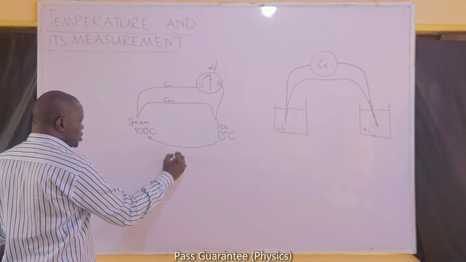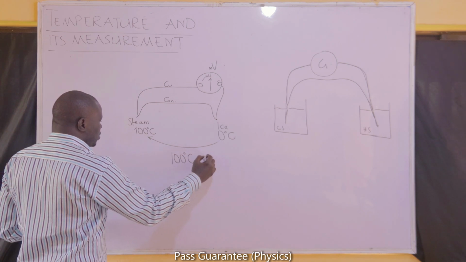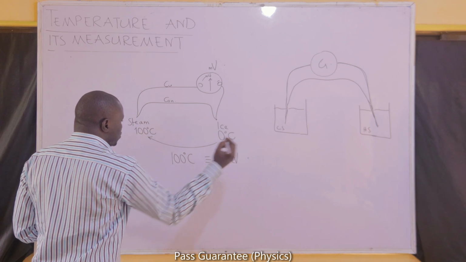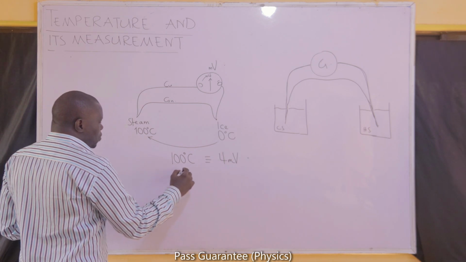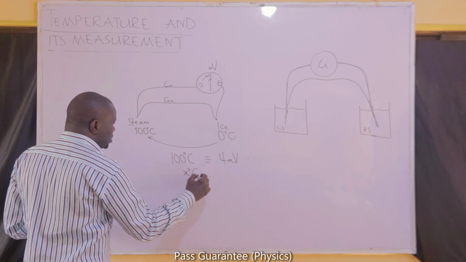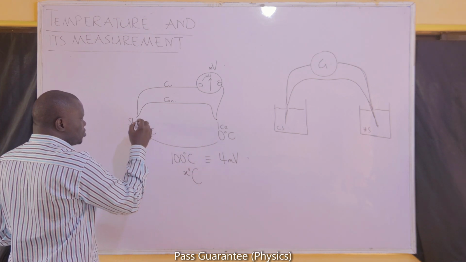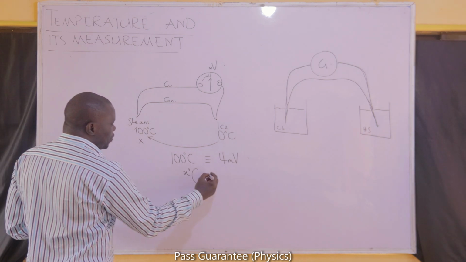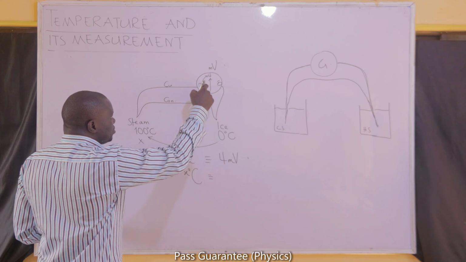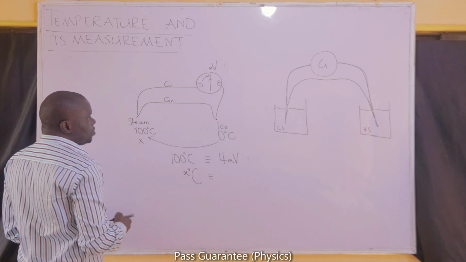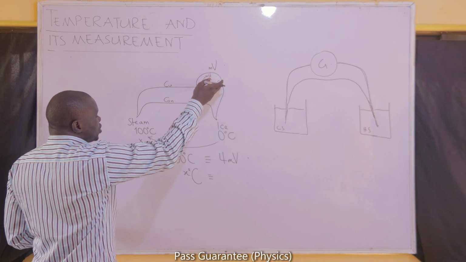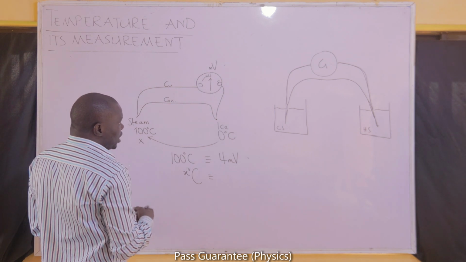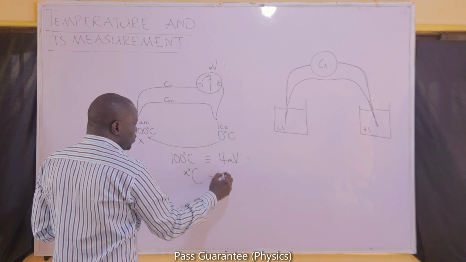Now, considering that this remains at 0, what must now be the temperature that will be put here for this galvanometer to have a full-scale deflection? Because, of course, once it shows full-scale deflection, that is the maximum that it can measure. The full-scale deflection is at 10 millivolts.